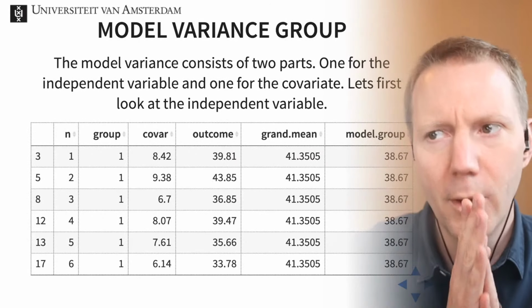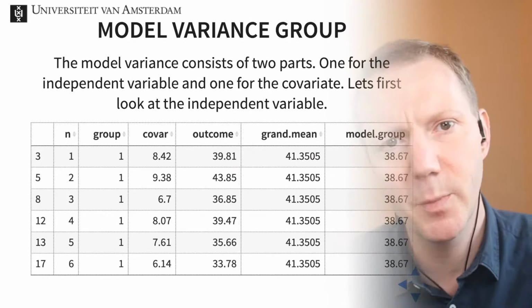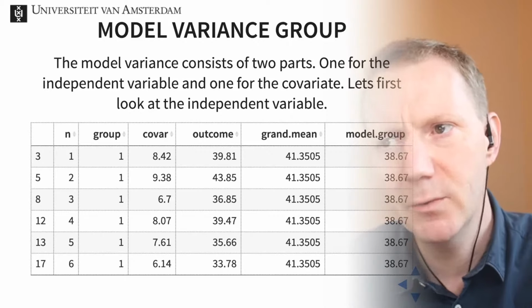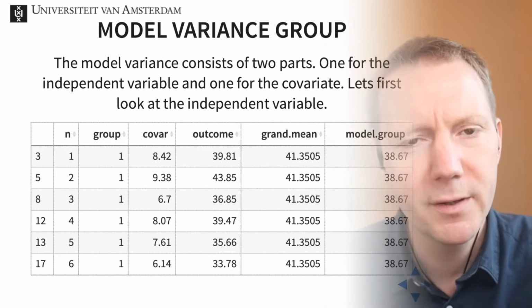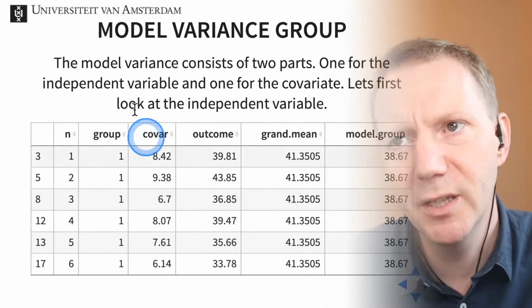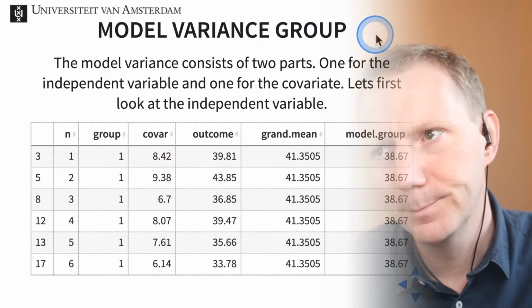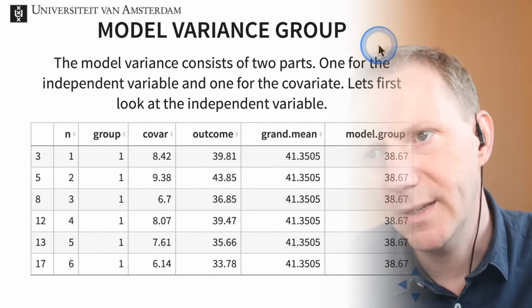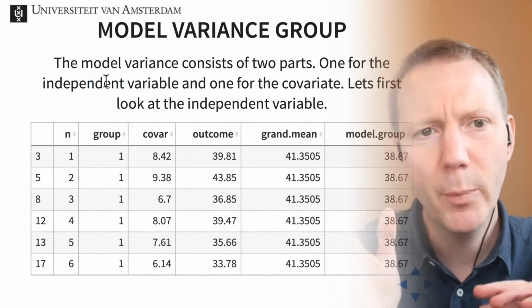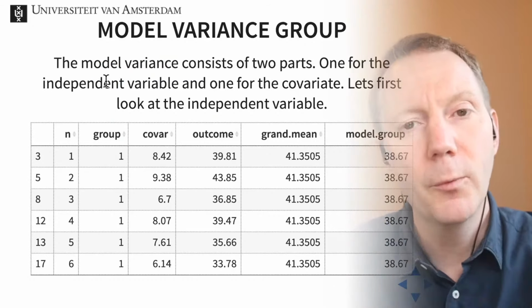We're going to try to dissect the explained variance part into a few steps. The first step is we're going to disregard the covariate, and we're only going to look at the grouping variable. Essentially we are creating a model for the variance within the groups. This is the same approach that we applied with our one-way ANOVA last week.